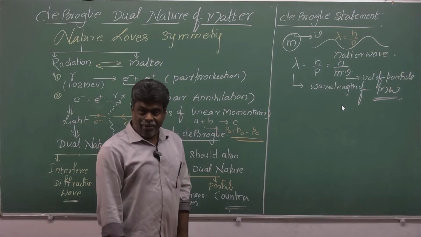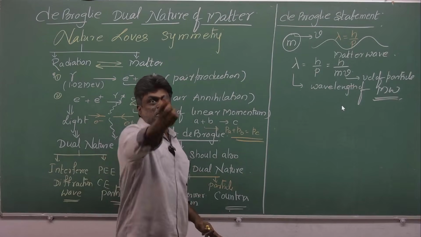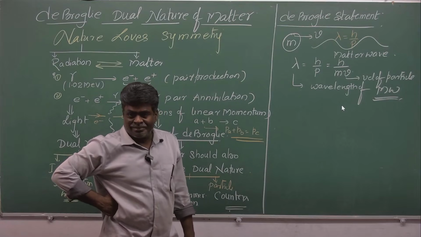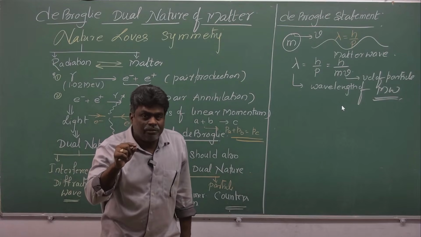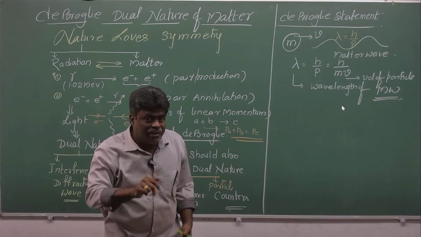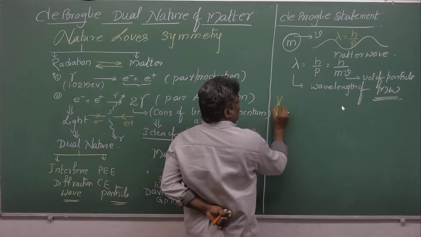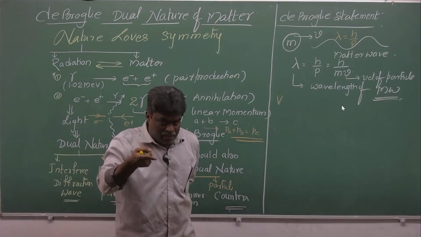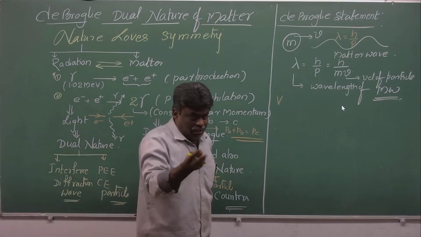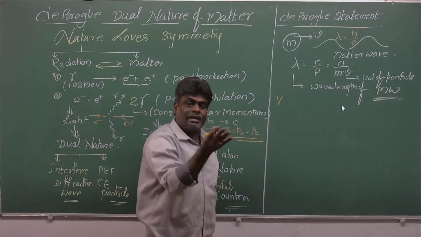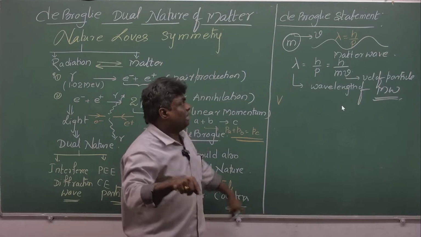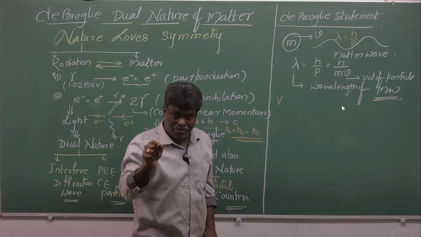Now you have a doubt. Particles are moving, buses are moving, cars are moving. Where is their matter wave? Let us see. Sir, if you want to find the velocity of any wave, what will you do? Is the statement clear? Once again: a material particle in motion is associated with a wave called a matter wave, whose wavelength lambda equals h by p.